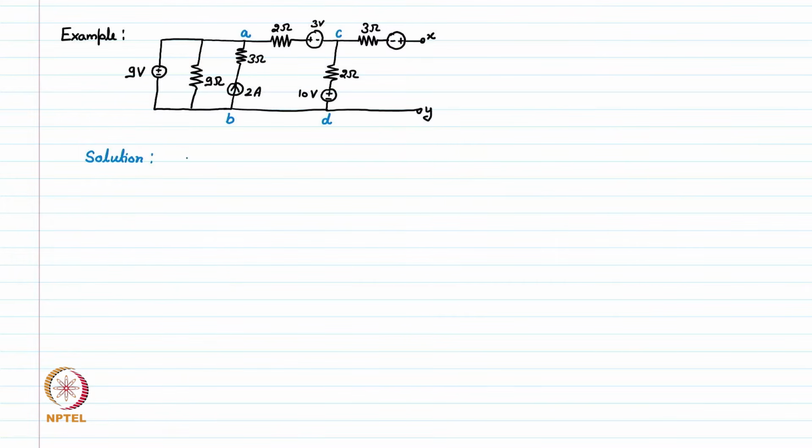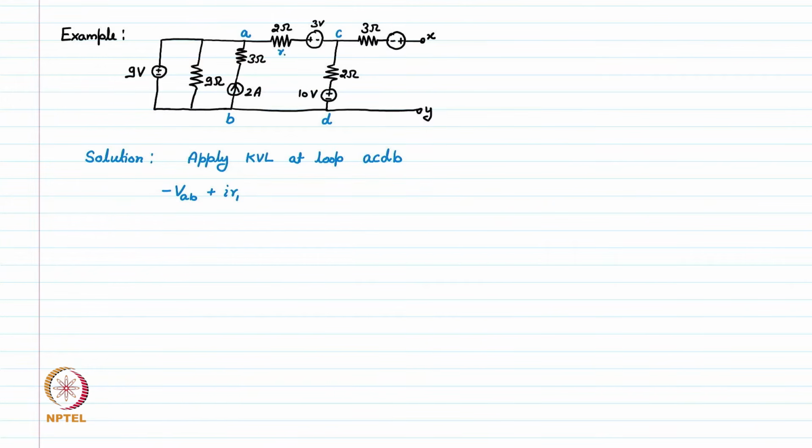So the solution is, we first apply KVL at loop A, C, D, B. So we can write minus VAB plus I into R1.